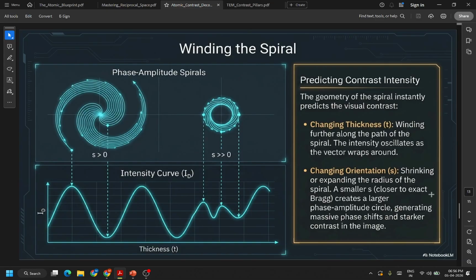And if we change orientation, we are shrinking or expanding the radius of the spiral. A small s, closer to the Bragg angle, creates a large phase amplitude circle which generates massive phase shifts and starker contrast in the image, whereas large s will result in lesser contrast.